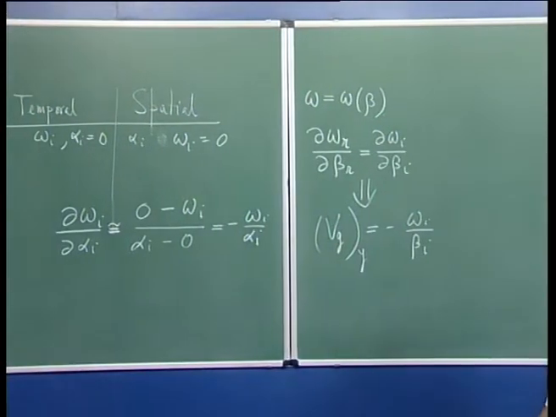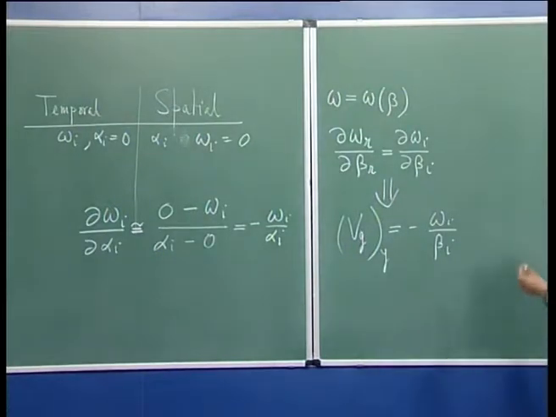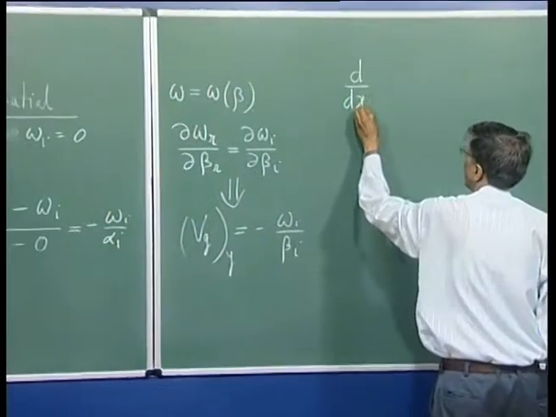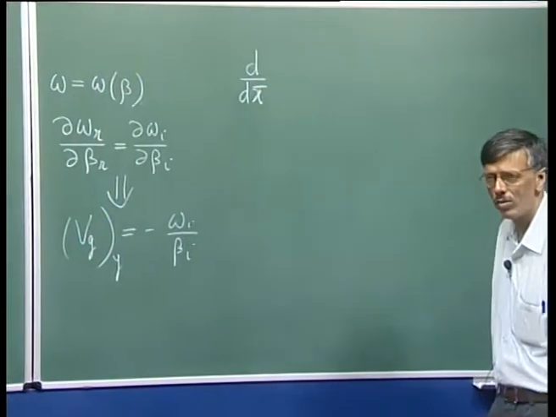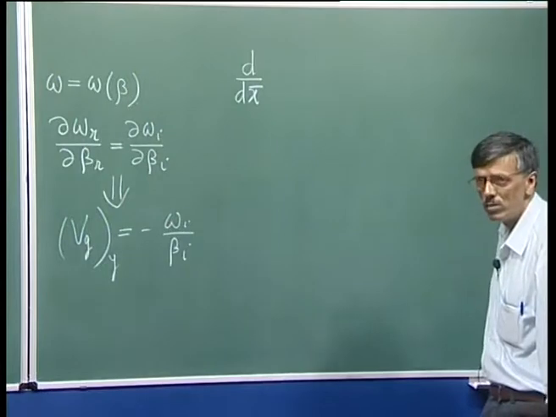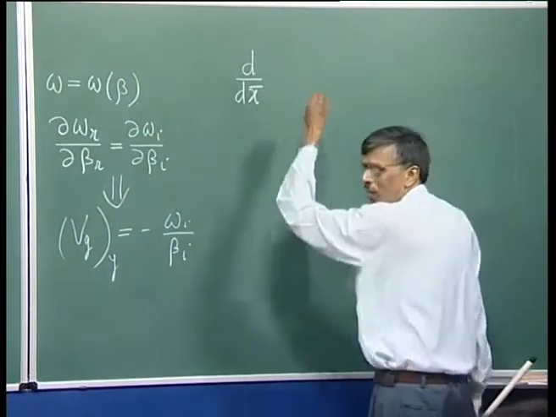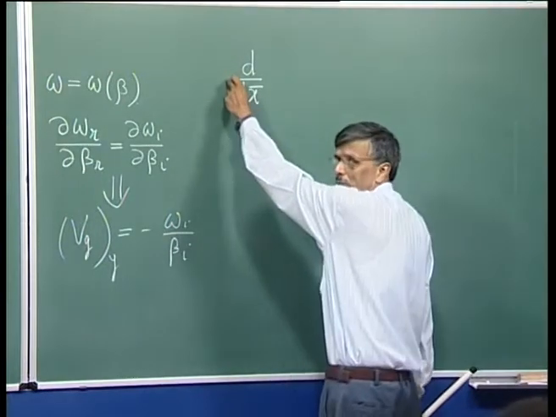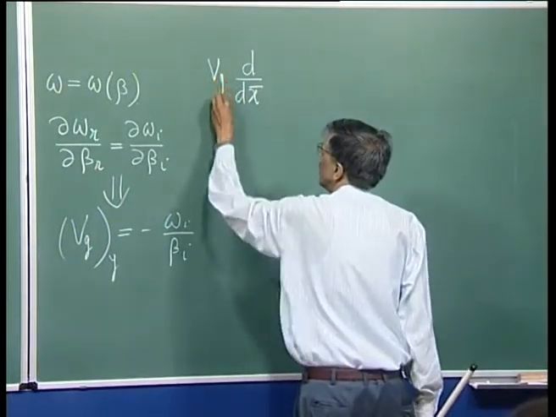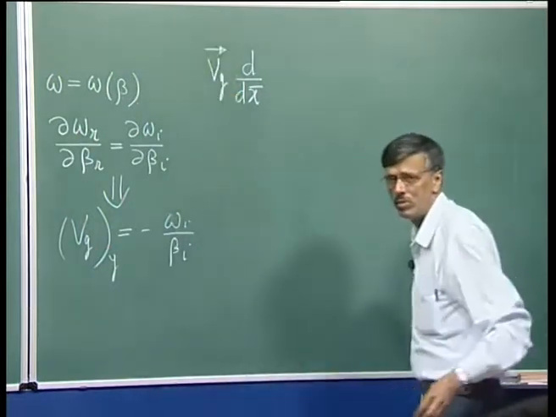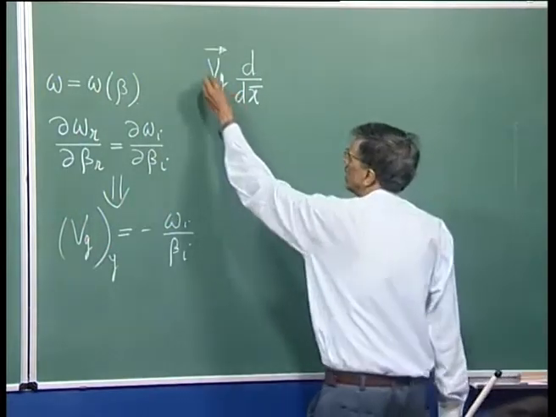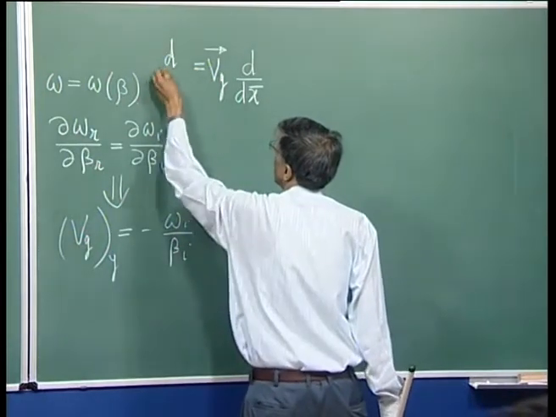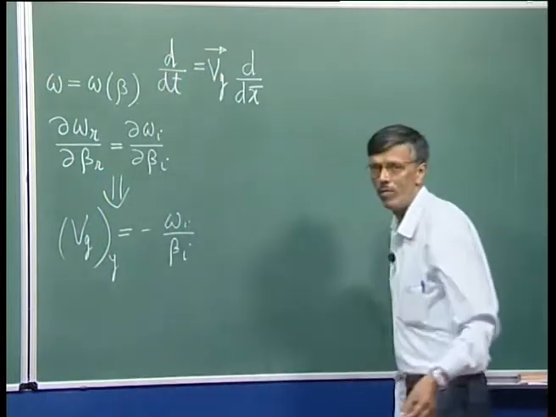So, the growth rate in the spatial theory gives you what? This, and that should be now what should we do? Dimensionally, if I multiply it by what should I get? That should be giving me the temporal rate, right.